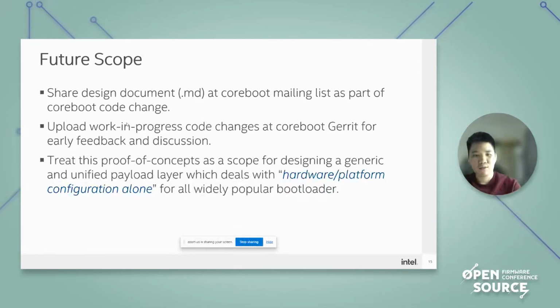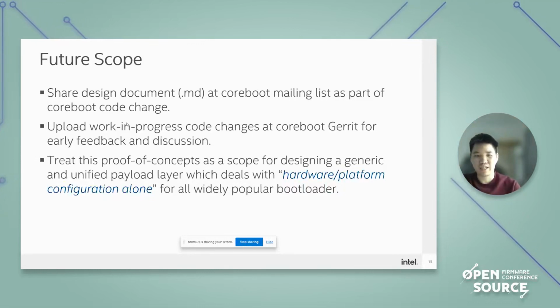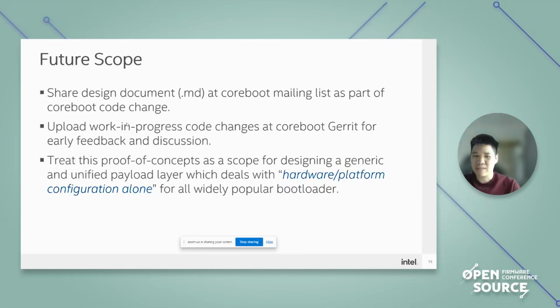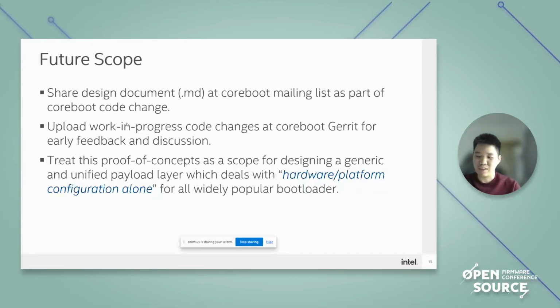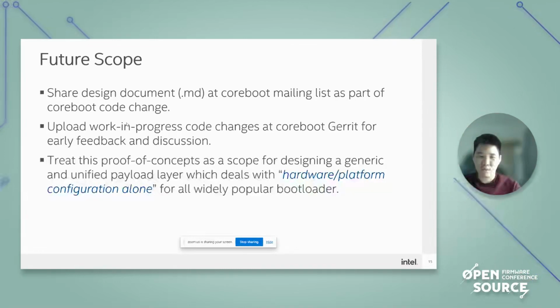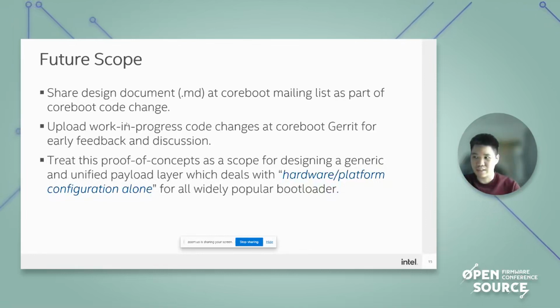And we want to treat this proof of concept as a scope for designing a generic and unified payload, which deals with the hardware and platform configuration alone for all the popular bootloaders. So this can be scalable because it's utilizing the Python script and also the config editor tool, and then with the FSP config data.